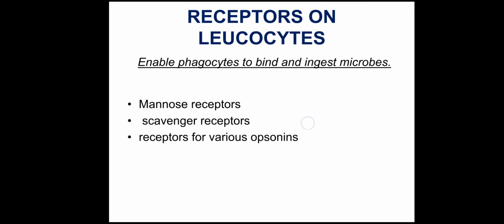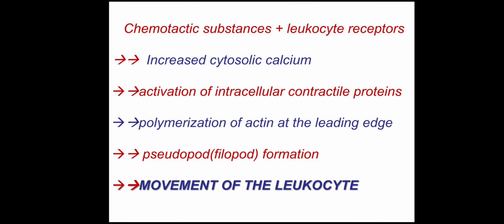So these chemotactic substances, which can be either endogenous or exogenous, will bind to these receptors, and it will cause an increase in the calcium concentration in the cytoplasm of the phagocyte, that is the neutrophil or monocyte.